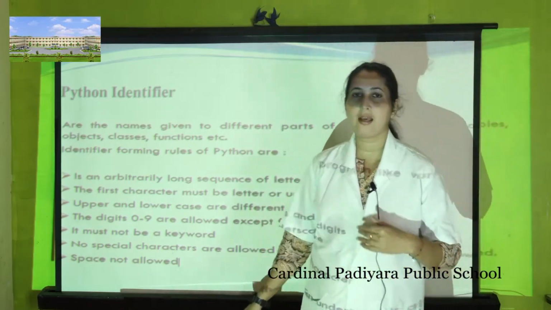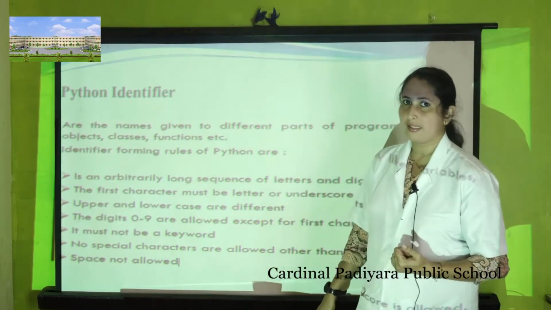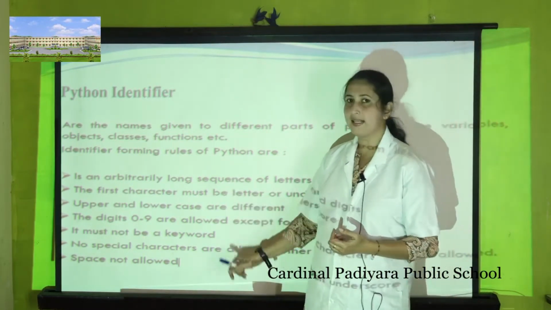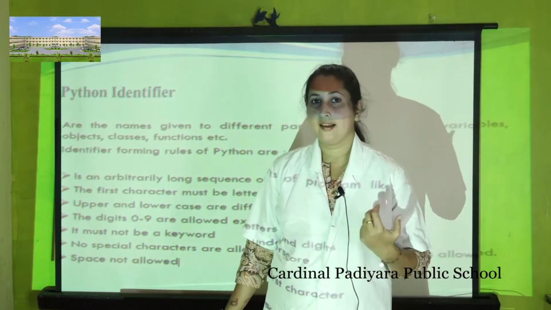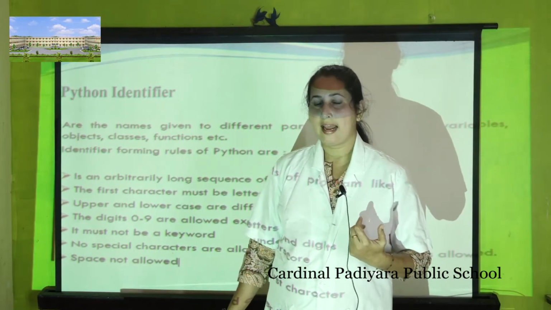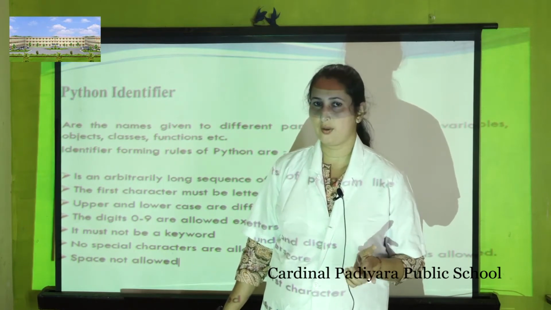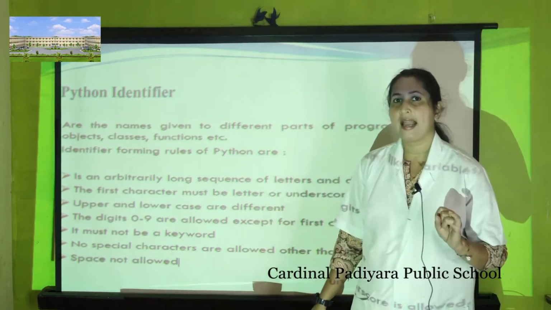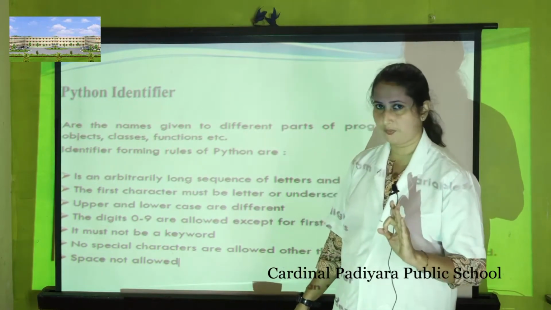When we are forming an identifier, some rules we have to follow. What are the rules we can discuss? First one is, it is a combination of letters, alphabets, digits and a special symbol underscore.